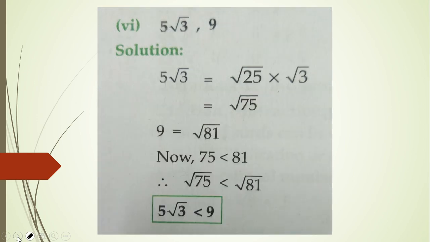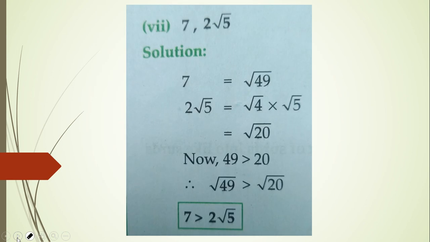This is how we will find the next sum also. This 5 goes inside, that will become 5 square, that is 25. 25 into 3 is 75, so that's root 75. Okay, and 9 is going to be root 81. So that's how we get it.